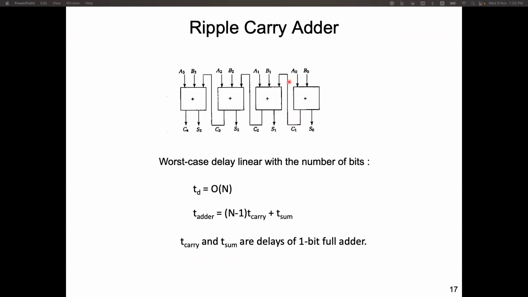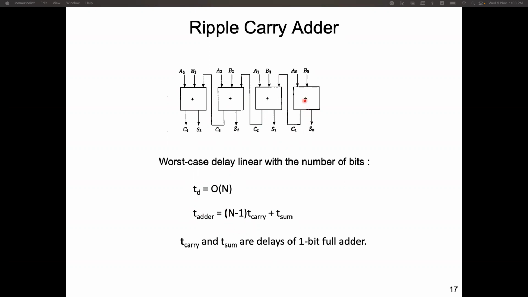So in the worst case, the most significant bit needs to wait for the propagation of the carry all the way through these stages. So the worst case delay is expressed by this formula.